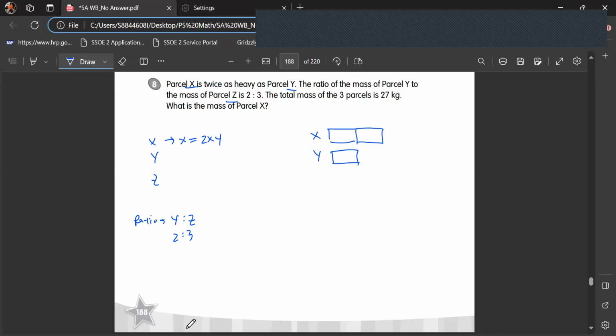Let me check whether the online book is the same. This is page 186, right? 188. Let me check. Page 188. Oh, this one is also old.